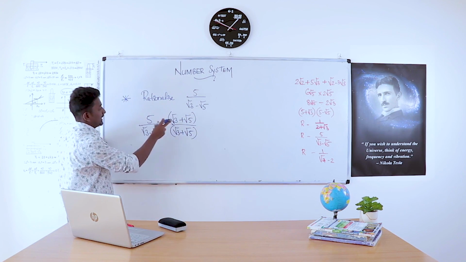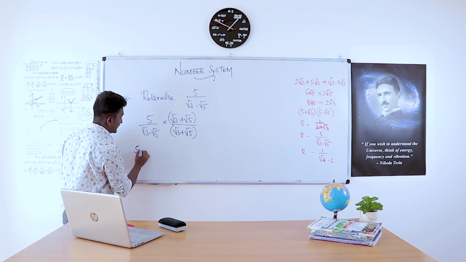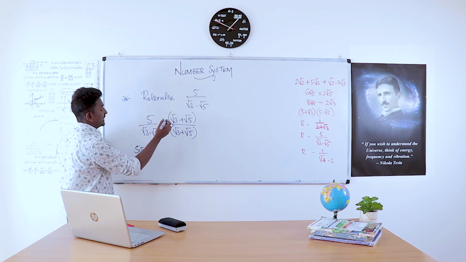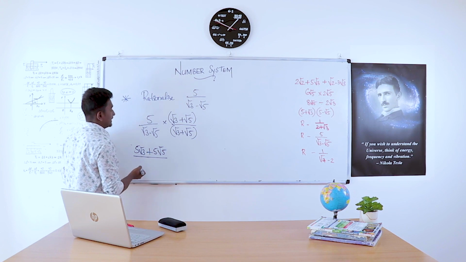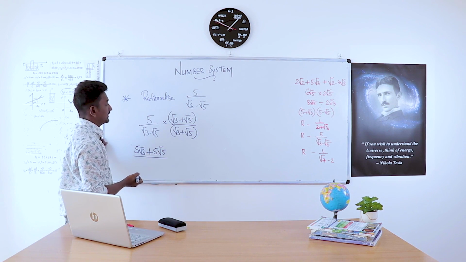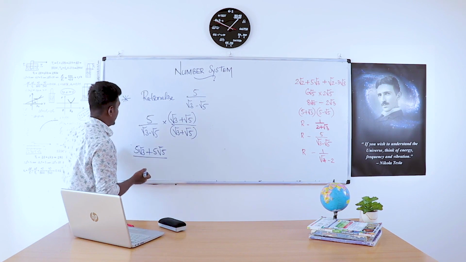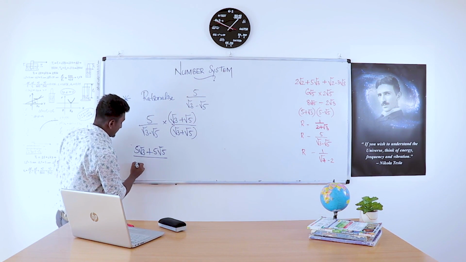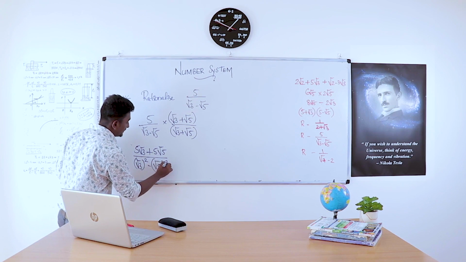In numerator, 5 into root 3 plus root 5, that is 5 into root 3, it is 5 root 3, plus 5 into root 5, it is 5 root 5, divided by root 3 minus root 5 into root 3 plus root 5. That is a minus b into a plus b, which can be written as a square minus b square, that is root 3 the whole square minus root 5 the whole square.